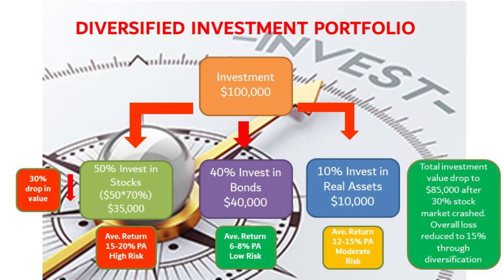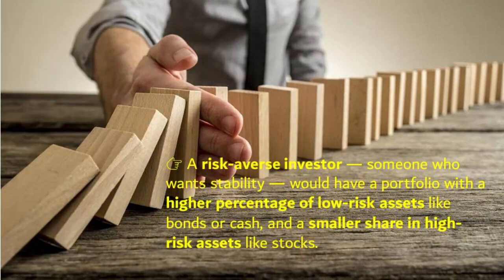An investor's risk profile often decides their investment mix. A risk-averse investor, someone who wants stability, would have a portfolio with a higher percentage of low-risk assets, like bonds or cash, and a smaller share of high-risk assets like stocks.